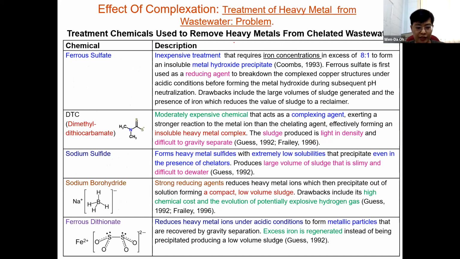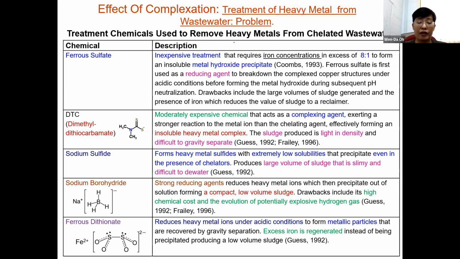Because of this change in characteristics, sometimes we observe certain problems if we want to remove heavy metals from water. There are many chemicals used to remove heavy metals from water, for example, ferrous sulfate, DTC, sodium sulfide, and so on. But because of the change in characteristics during the transport of the chemicals, like for example, the glyphosate example that I gave you last week, glyphosate can bind with heavy metals.